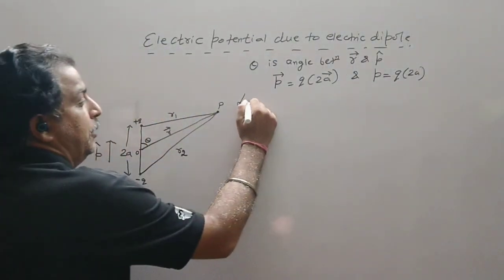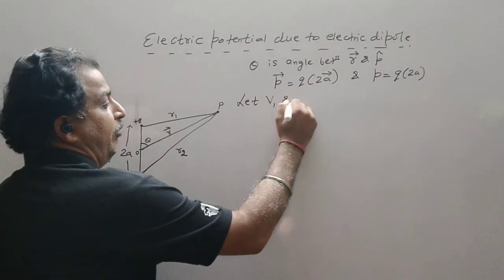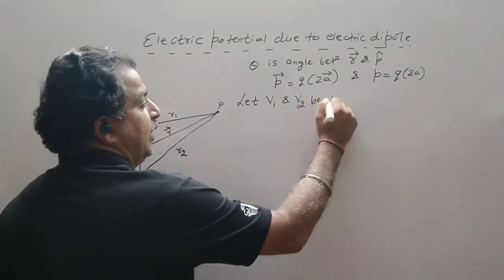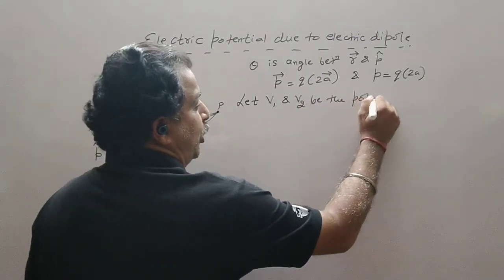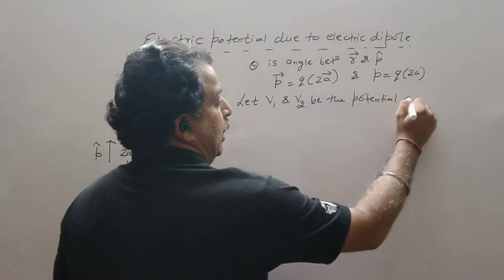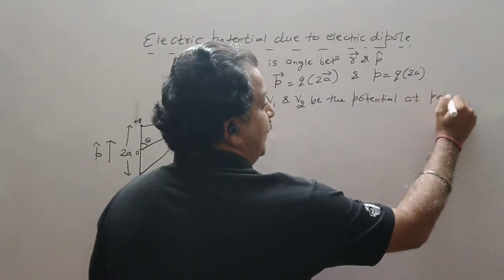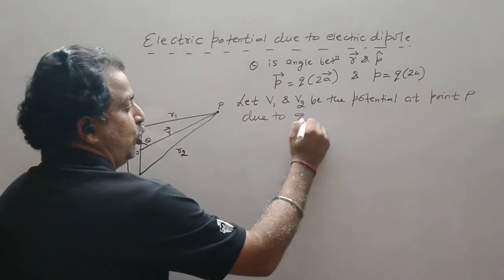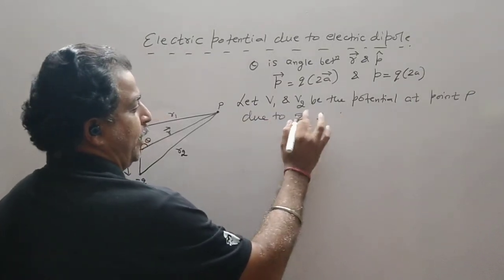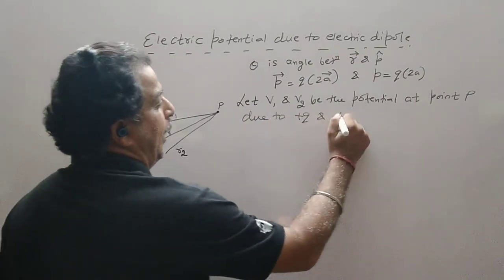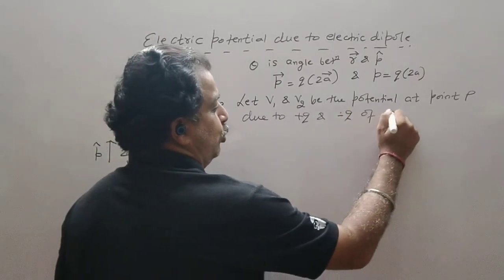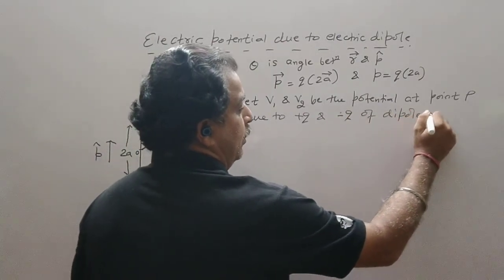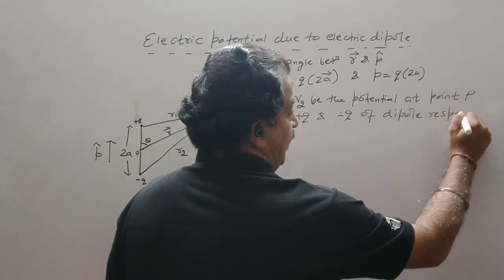So let V1 and V2 be the potential at point P due to plus Q and minus Q of the dipole respectively.